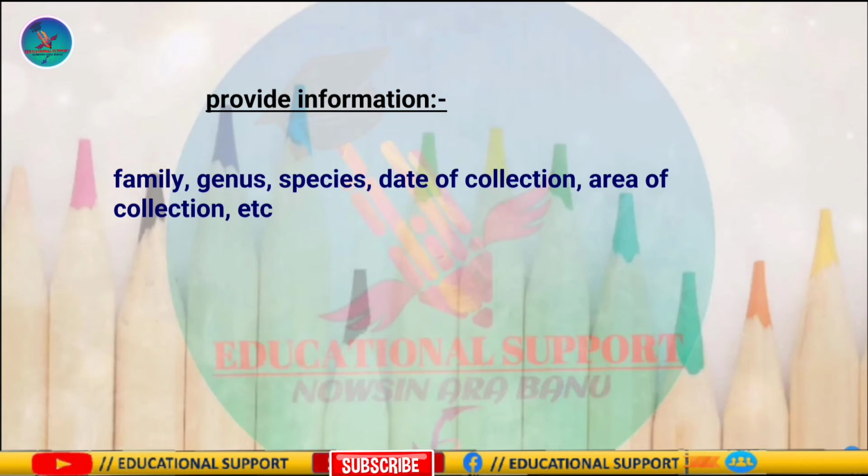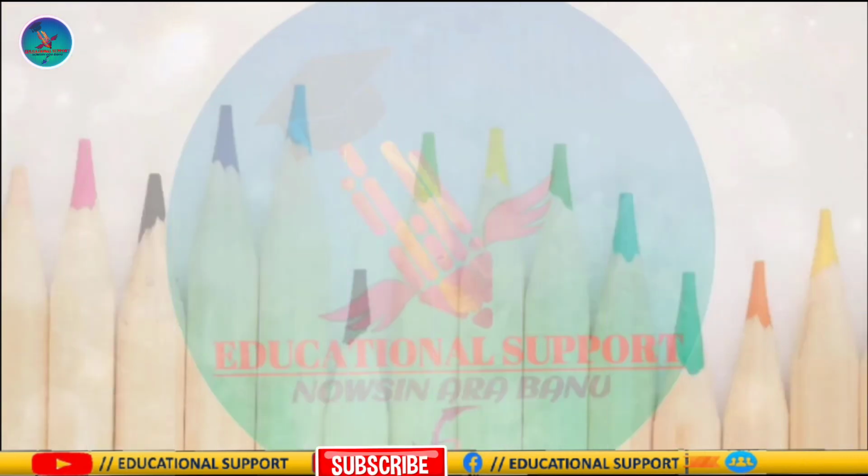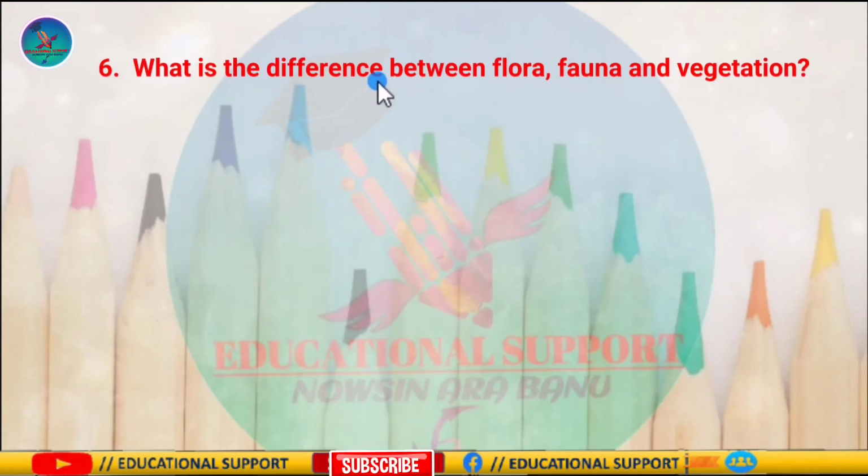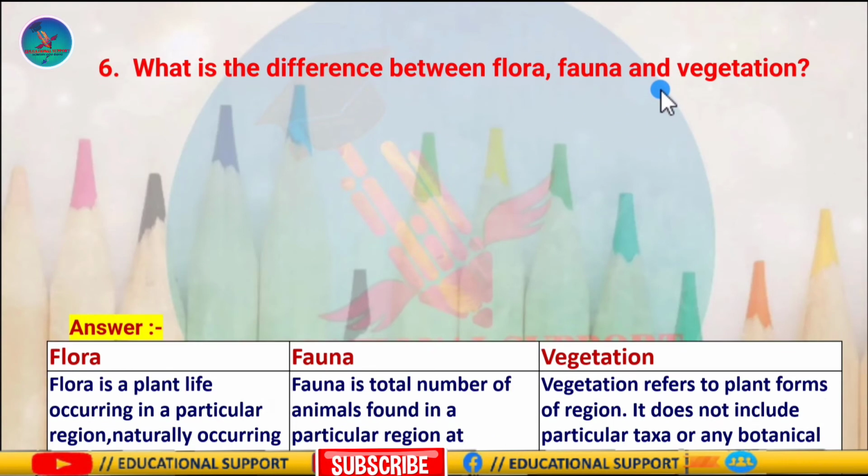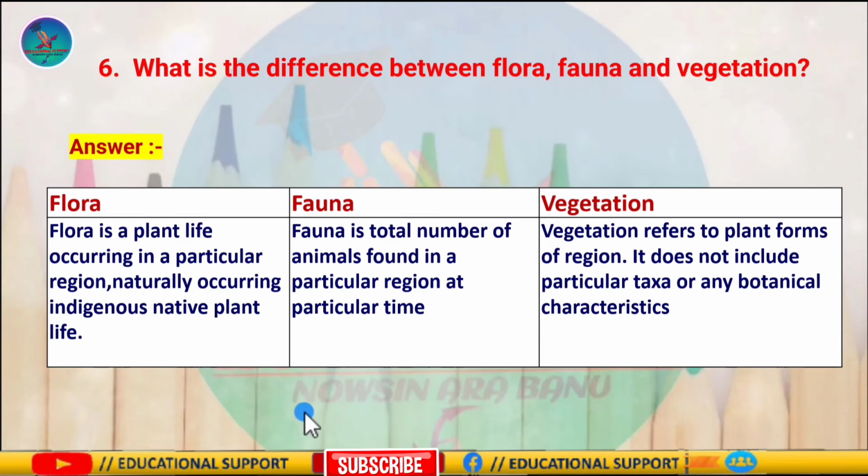for taxonomic studies. Next question is: what is the difference between flora, fauna and vegetation? The differences between flora, fauna and vegetation are as below. Flora is the plant life occurring in a particular region or time, generally the naturally occurring indigenous native plant life.